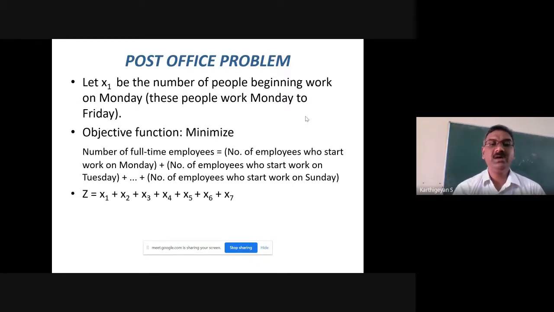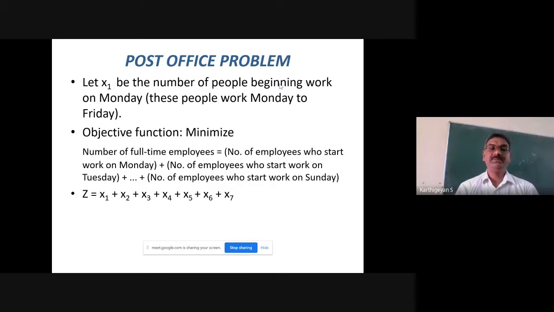So the objective function is to minimize the total number of full-time employees for the week. That is represented by Z, which is equal to the number of employees who start work on Monday, plus the number of employees who start work on Tuesday, and so on till the number of employees who start work on Sunday.